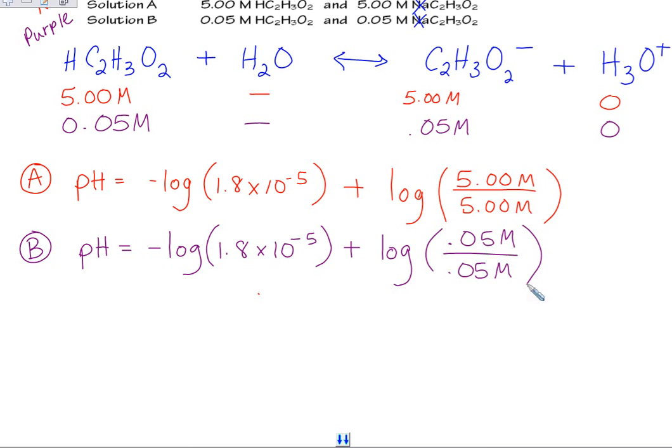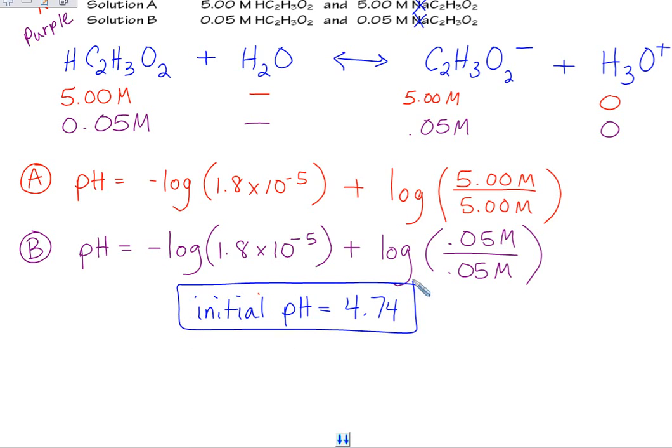In both cases, you're going to get the same pH. The initial pH is approximately 4.74. That might be something that we'll want to reference in a minute.